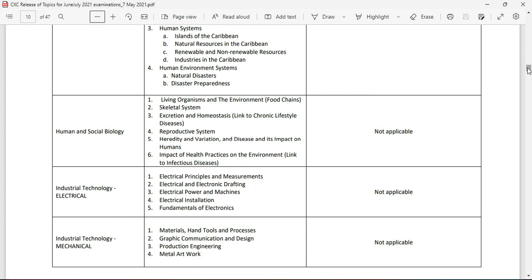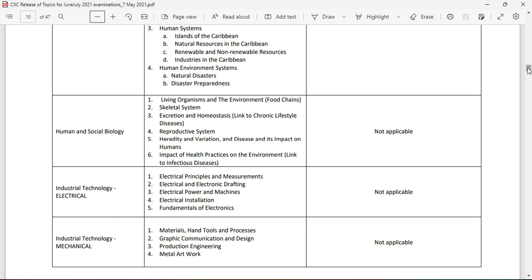We're looking at the food chain, and yes, that was on the paper. The skeletal system, of course, was on the paper as well. Excretion and homeostasis linked to chronic lifestyle disease, that was on the paper. Reproductive system, heredity and variation, and disease and its impact on humans.